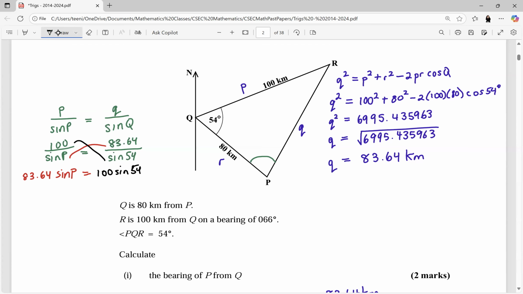Okay, so that means that sine of angle P is equal to 100 sine of 54 divided by 83.64.